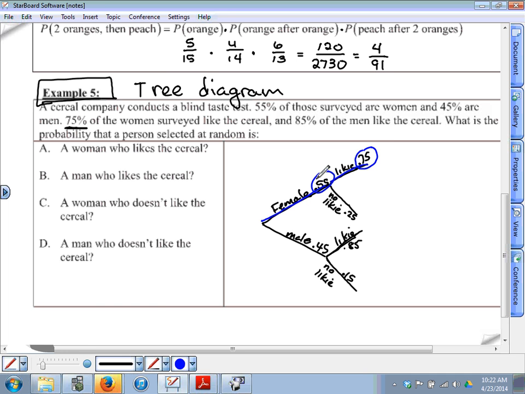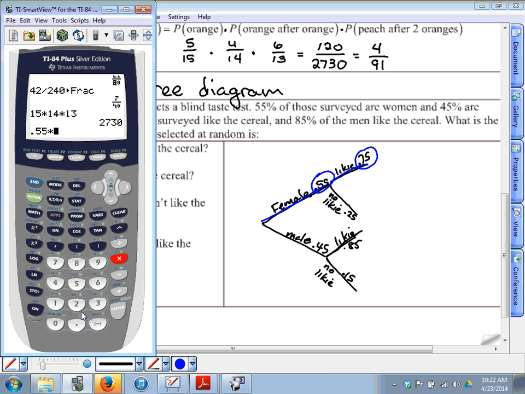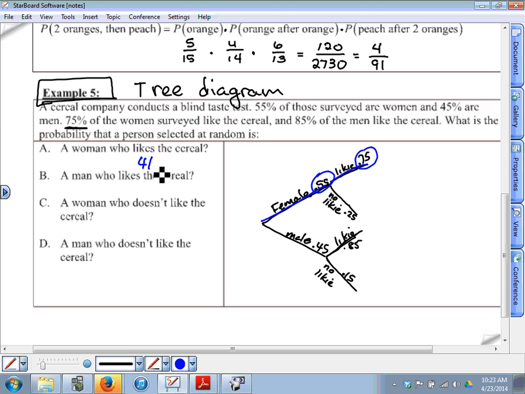That gives 41.25%. There's a 41.25% chance that if a person is chosen at random from these people, you would have chosen a woman who liked the cereal. Can we just put that in the percentage? That is 41.25.